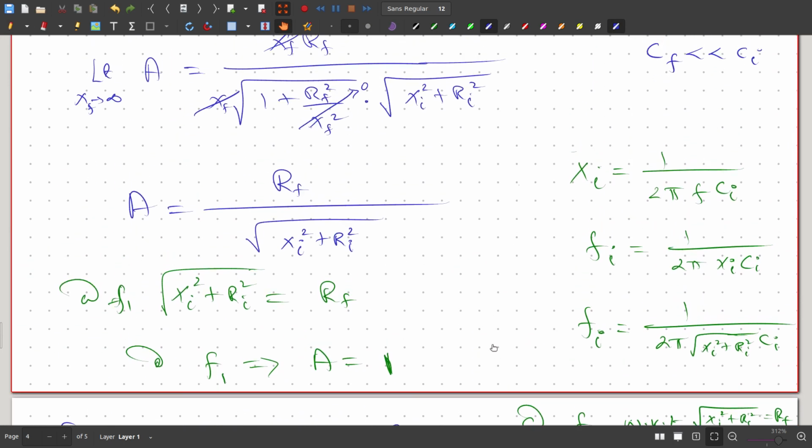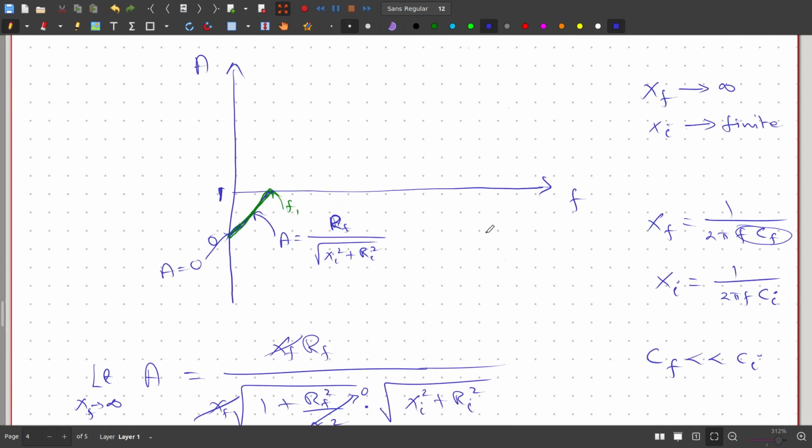So what happens as we further increase the frequency? This Xi becomes very low, and therefore the gain increases constantly, and at a particular frequency this Xi becomes 0.